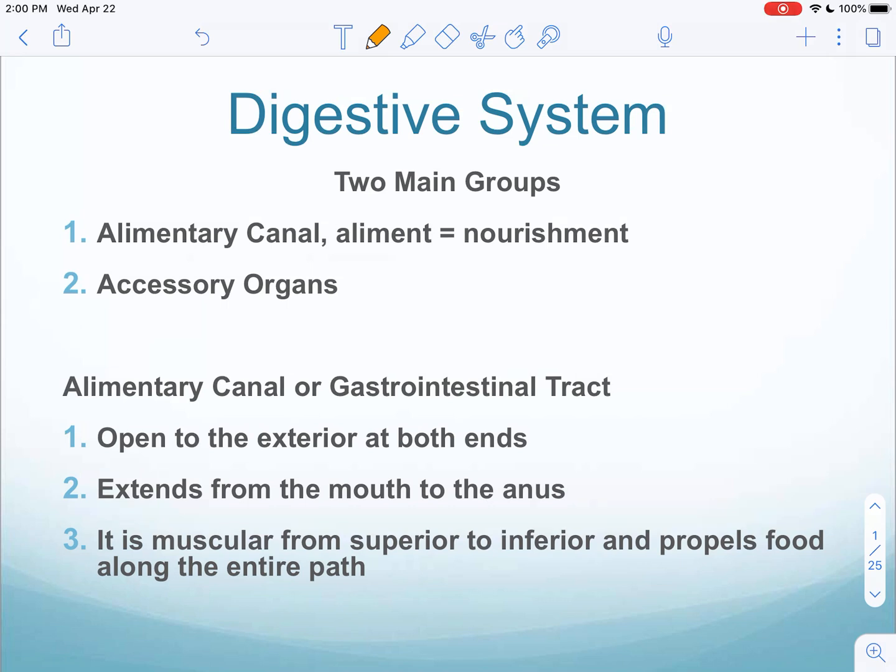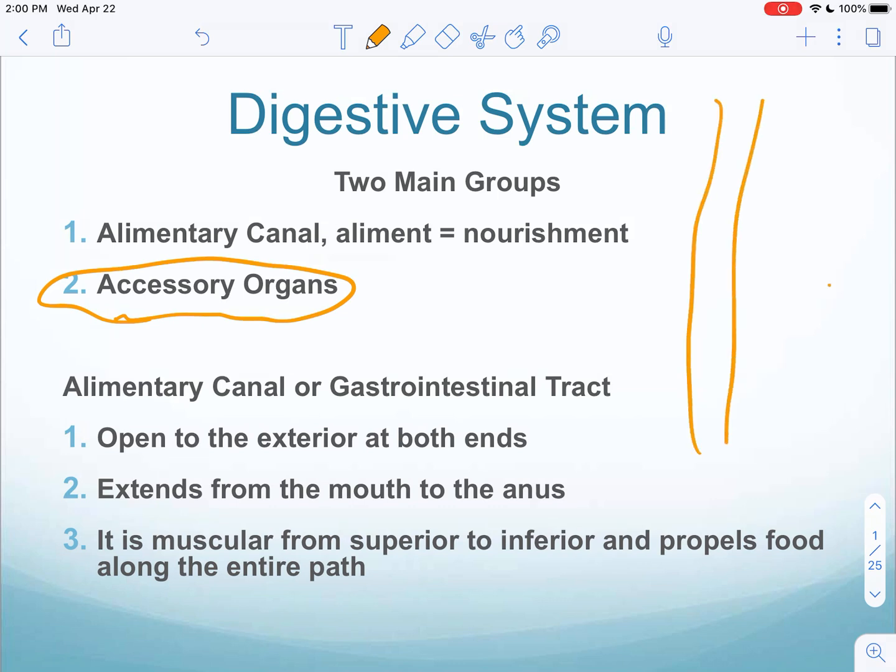And then you have a series of accessory organs, like the pancreas, the liver, your salivary glands, those organs pumping material into the tube, okay? So you've got your tube, and then you've got stuff coming into the tube, being pumped in at various spots to help you break down the foods and then ultimately absorb those nutrients.